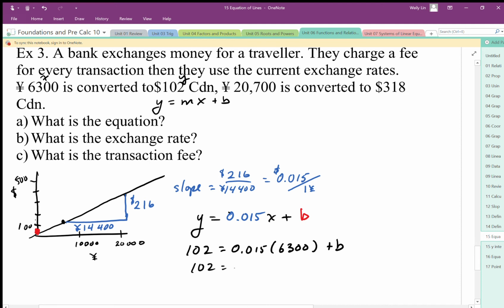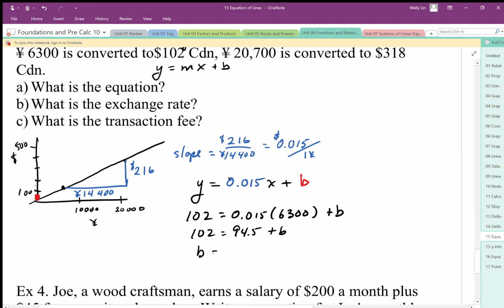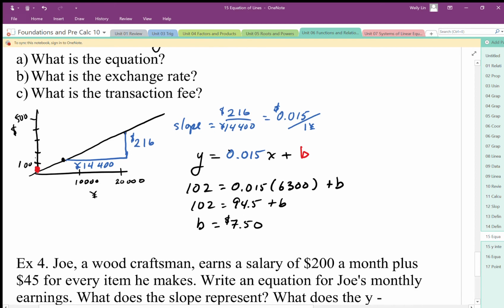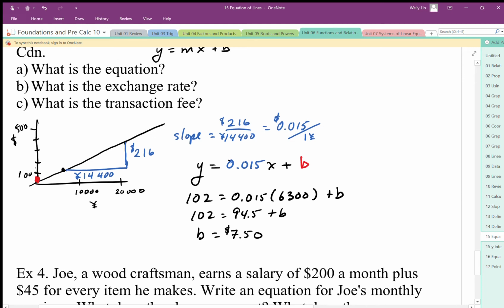I get $94.50. Okay, and then my b works out to be $7.50. So it looks like my transaction fee is going to be $7.50 because that represents my starting amount, the initial charge.